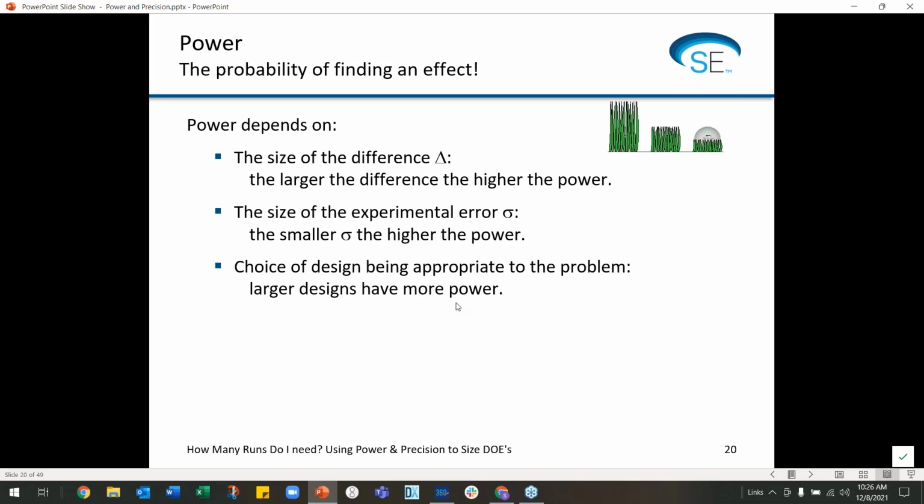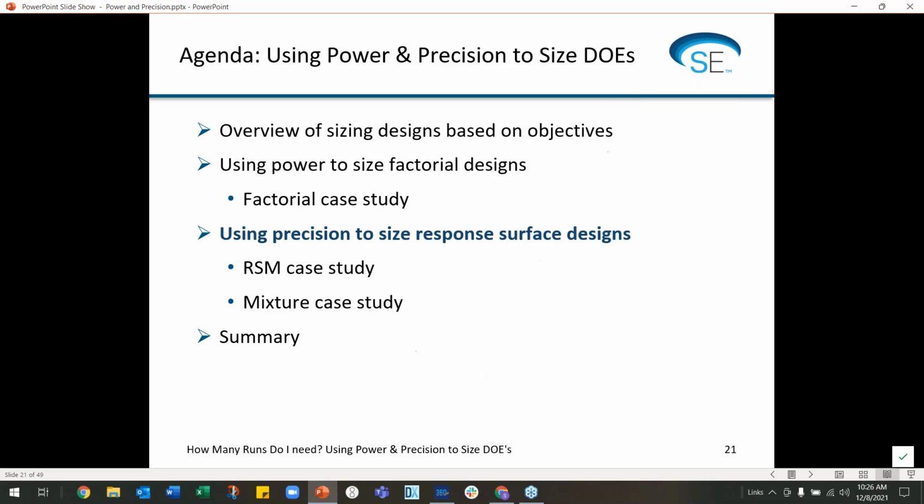Larger designs have more power. And of course, if the design itself isn't larger, then you can add replicates. And the more runs, the higher the power. Okay, so that's a look at power to detect effects.